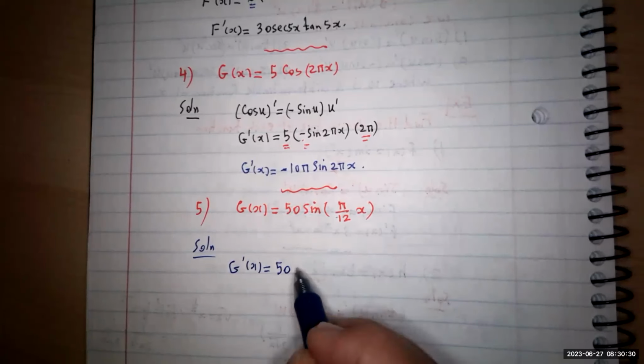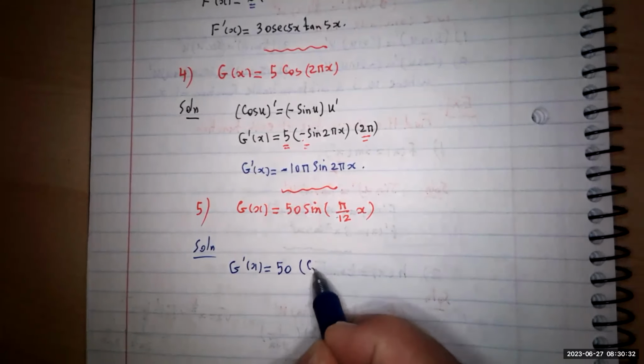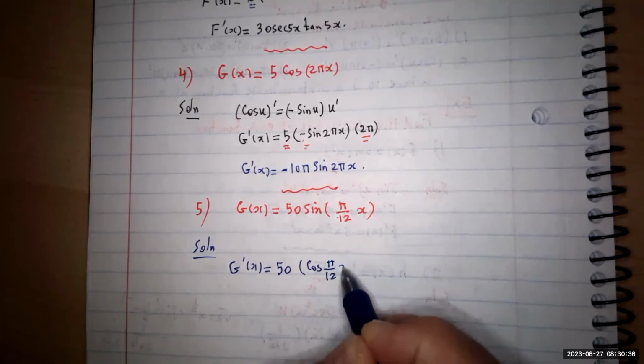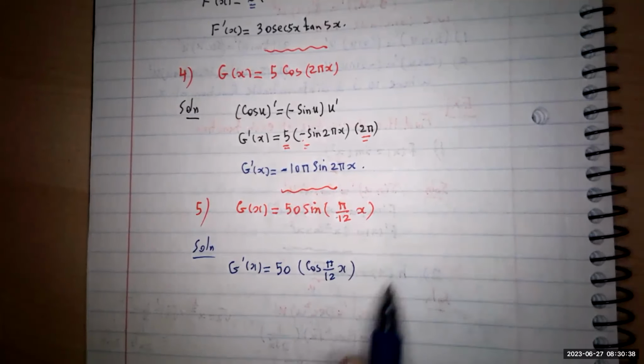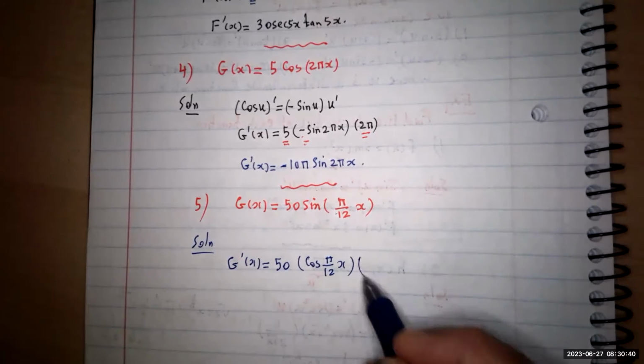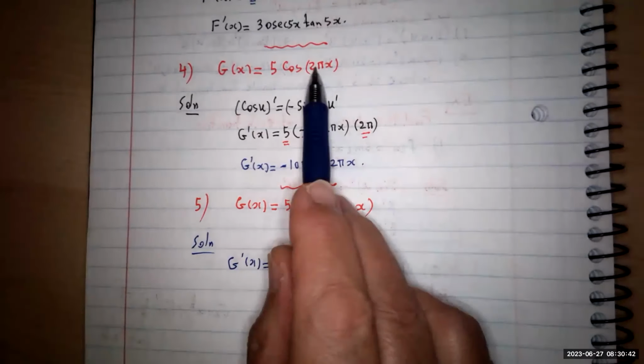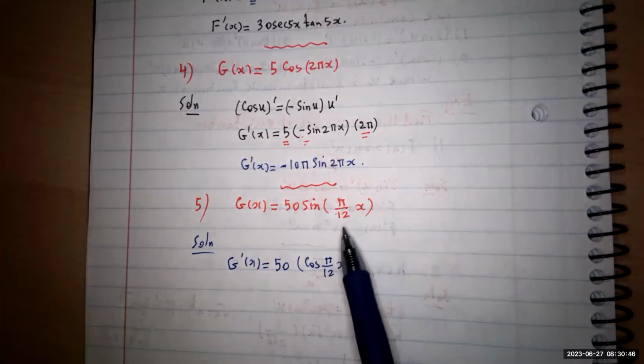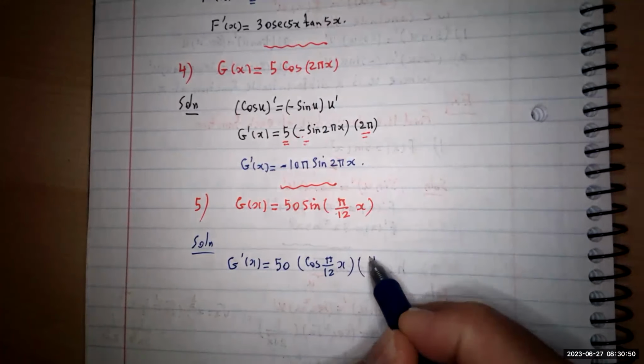Then the derivative of the sine is cosine, cosine of pi 12x. But you have to multiply by the derivative of the inside, pi 12x. As we did for the other one, pi 12 is a fixed number, so the derivative of pi 12x simply would be pi 12.